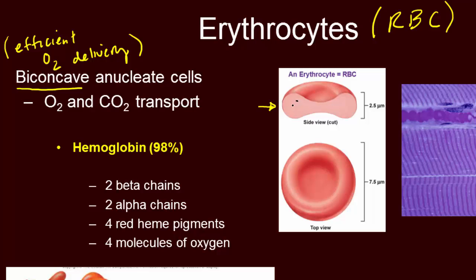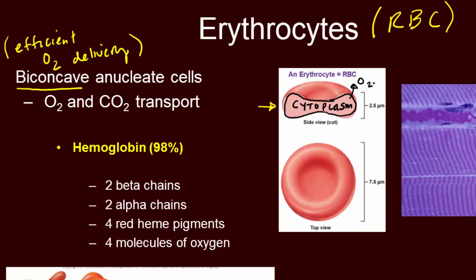So the cytoplasm of the red blood cell is here, and the cell membrane is very closely associated to the cytoplasm. There's not a lot of distance between the two. And what that does is it allows for diffusion of oxygen out of the red blood cell and into tissues.